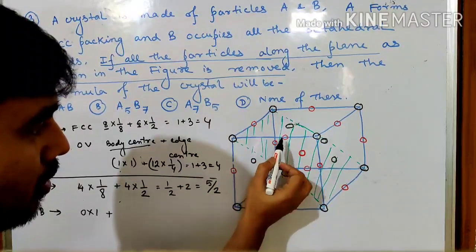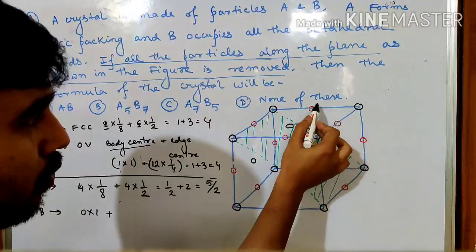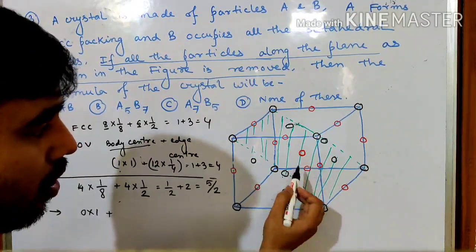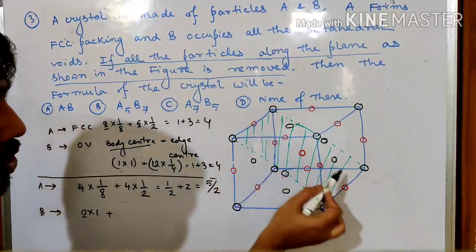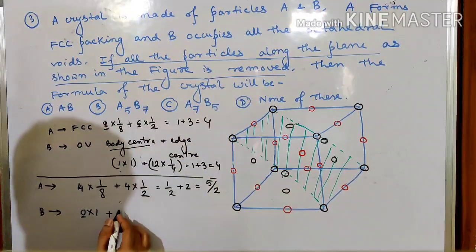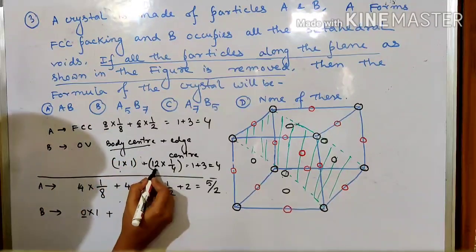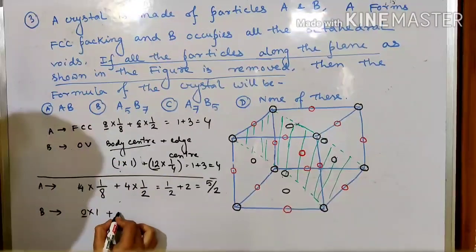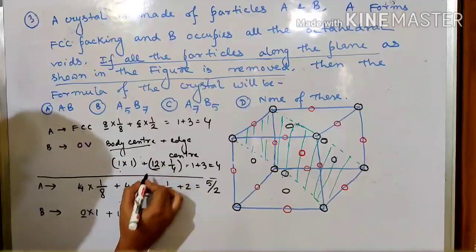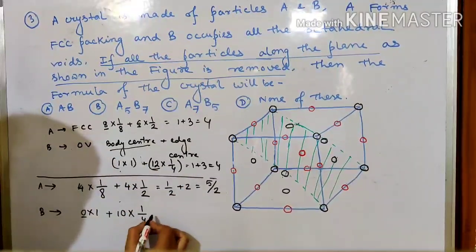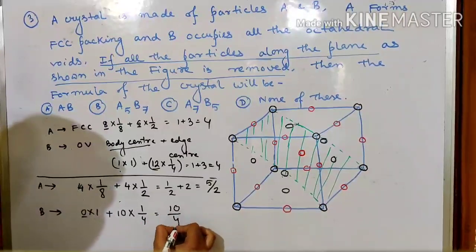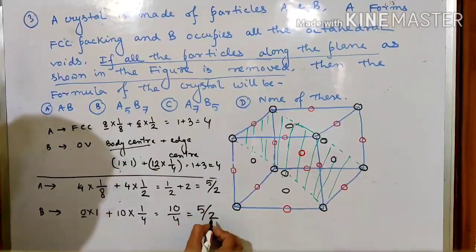So this one will not be inside the plane at all. Only the body center atom, that's why I have kept 0 into 1, and these 2 edge centers. So 2 edge centers will be removed. Earlier there were 12, now it is 10. 10 into 1 by 4, so it is giving rise to 10 by 4, which is nothing but 5 by 2.